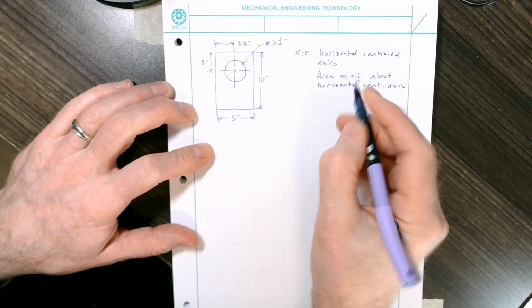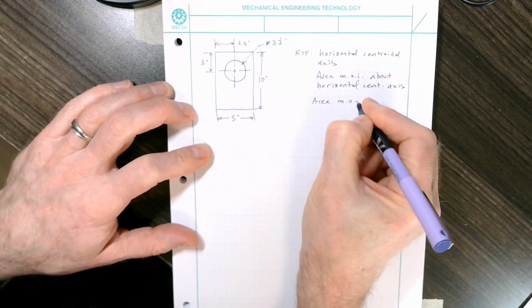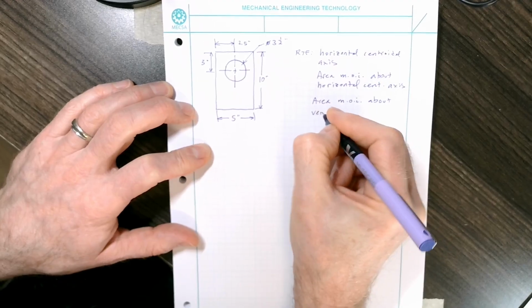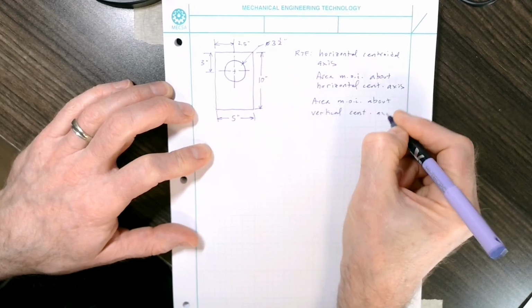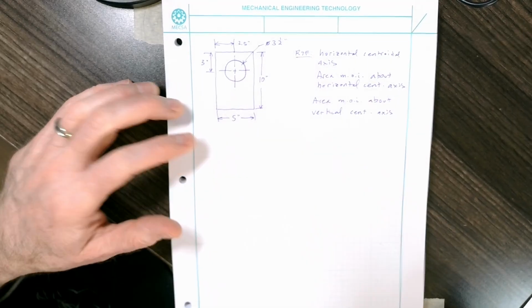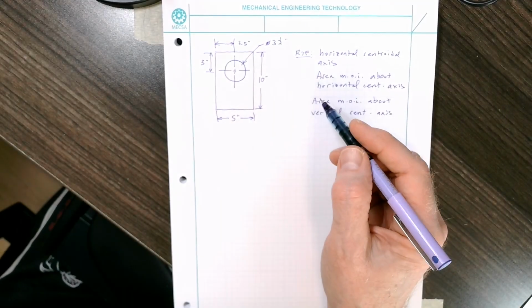And three, area moment of inertia about the vertical centroidal axis. Okay. All right. Again, you can't do any area moment of inertia calculations unless you know where the centroid is.